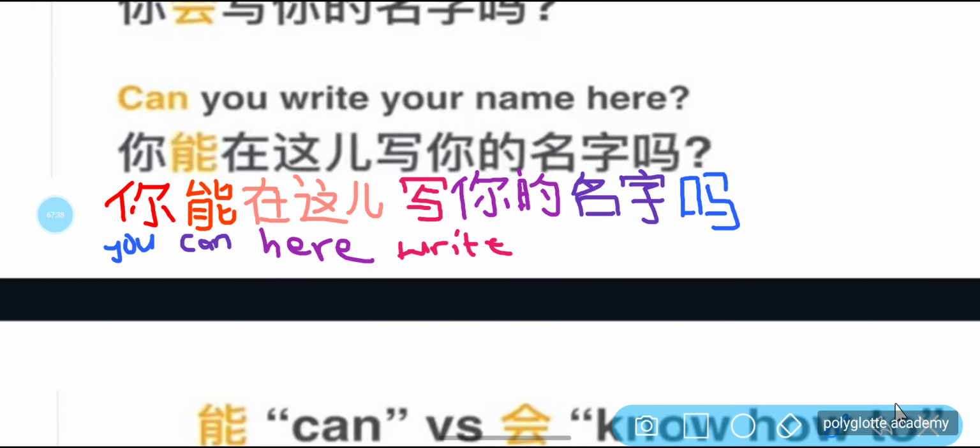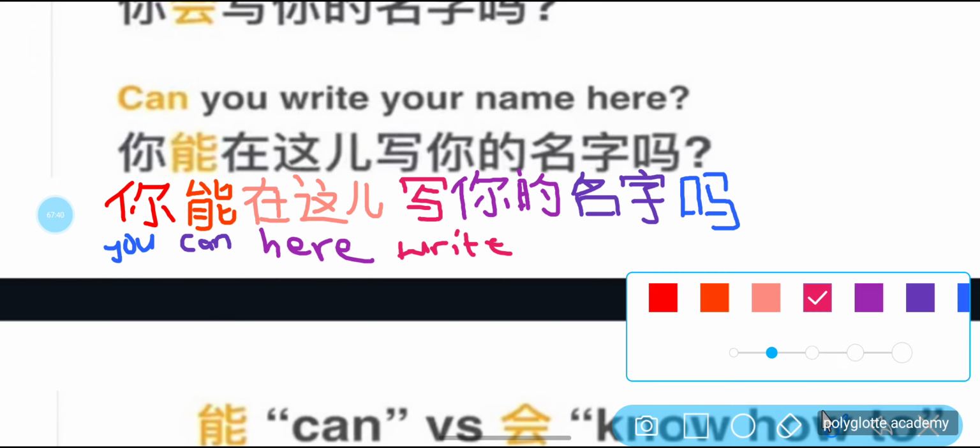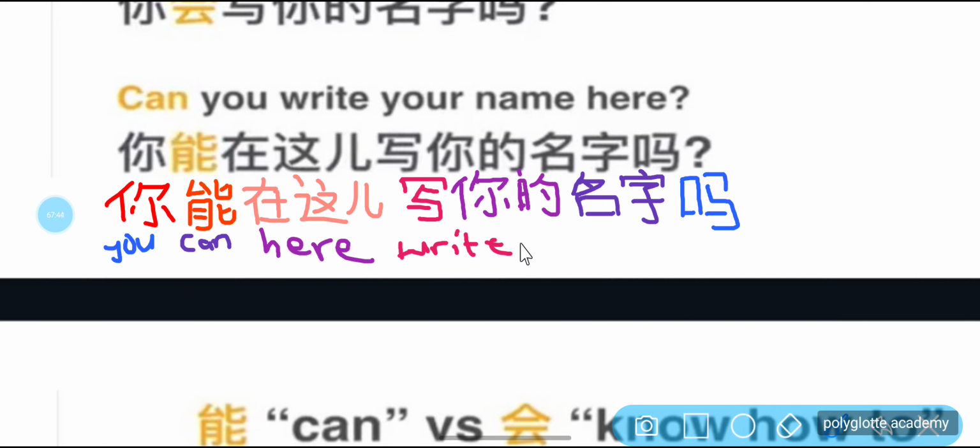Now we have 你的, which is your. I can see that some people cannot see the character your. This is it. We've shown that.